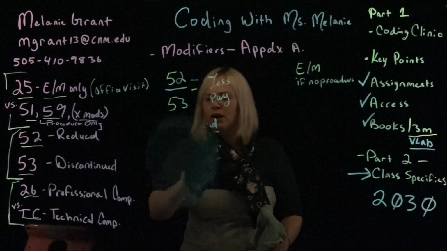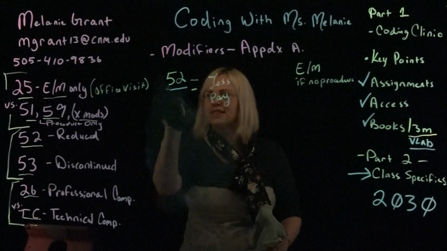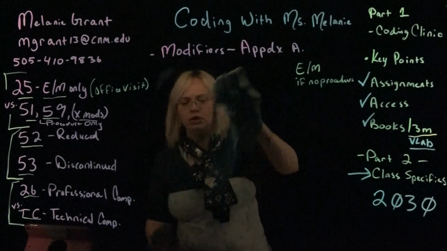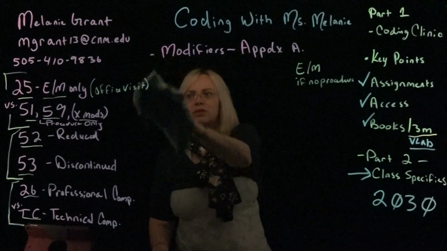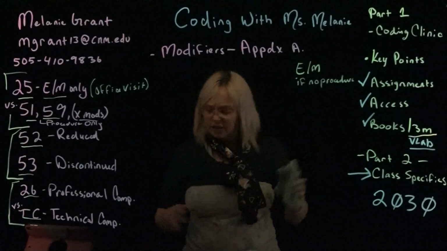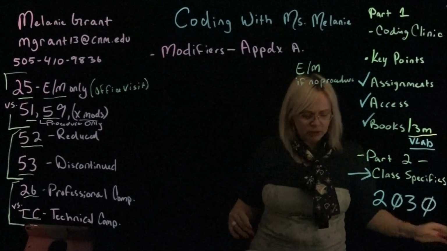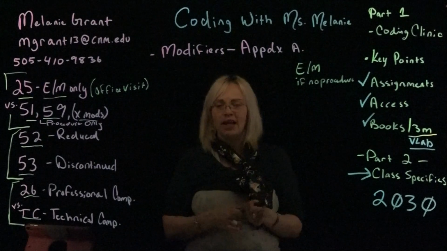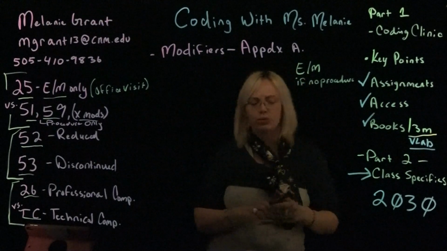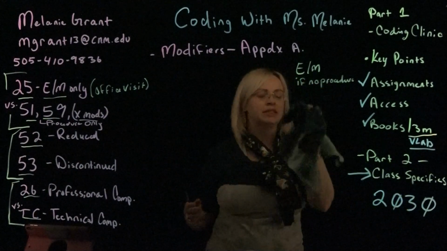Okay, we're running short on time, so let's go ahead and look at our last code section here for modifiers, which is modifiers 26 and TC. This one's going to be a brief review, and this will be something we're going to come back to when we go over our learning module for radiology and laboratory services. So for now, let's talk about what is 26 and what is TC.